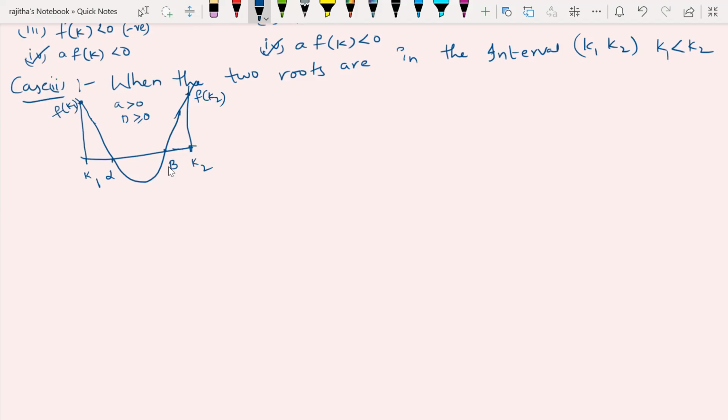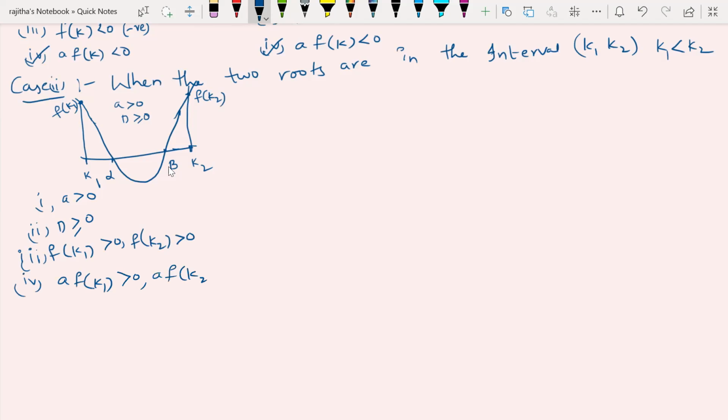When a is greater than 0, what are the conditions? A is greater than 0 and the discriminant is greater than or equal to 0. The third point is f of k1 greater than 0 and f of k2 also greater than 0. And one more, a into f of k1 is greater than 0, and a into f of k2 is greater than 0. Here x is equal to minus b by 2a.